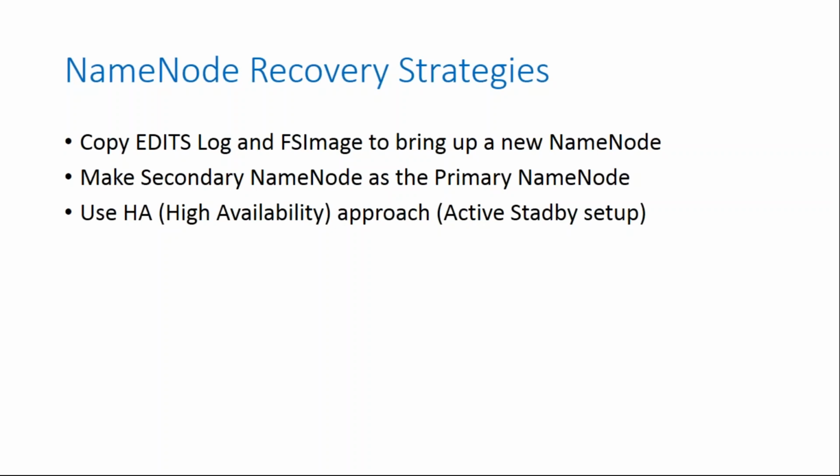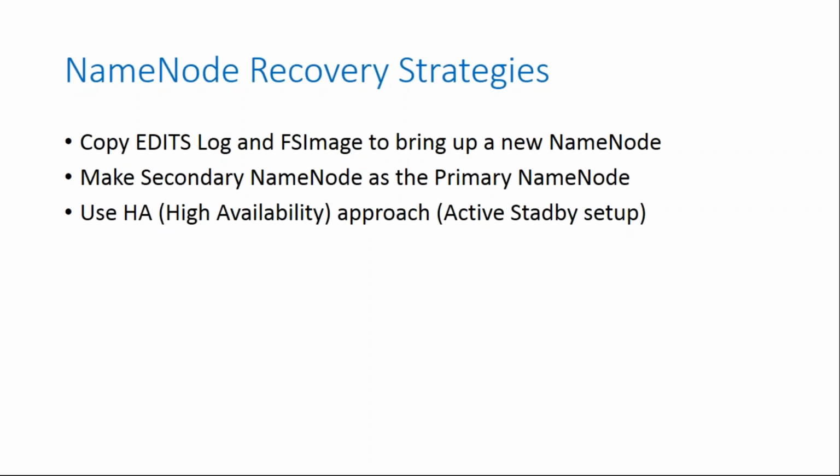But the small problem is someone is doing it manually, so there is a little gap. So once this went down and a new one came up, there were a few updates on the primary name node that were not updated on the secondary name node.